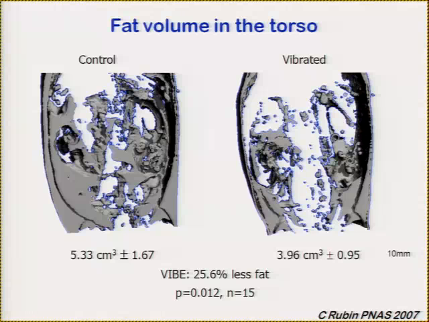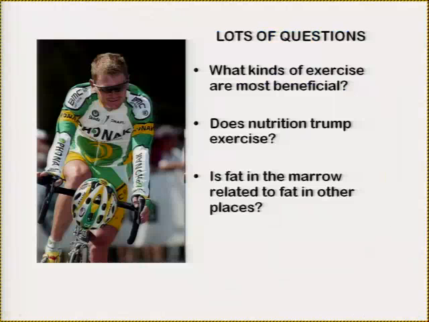So the question out there is, is the exercise signal, is there a direct effect on cells that are comprising fat in non-marrow locations? So we're just about finished here. There's lots of questions in this last bit, which is where my personal research interests are.